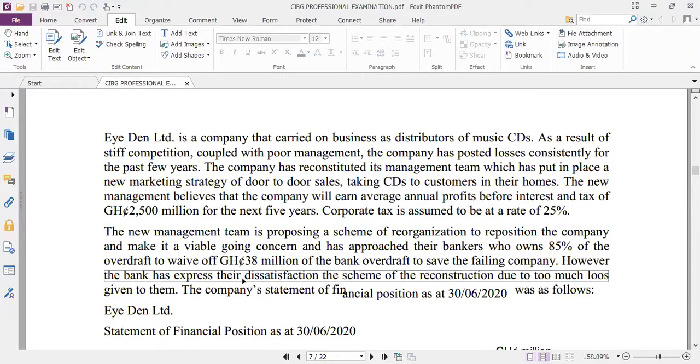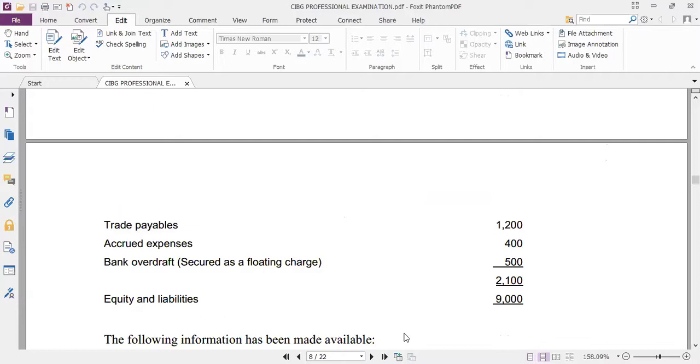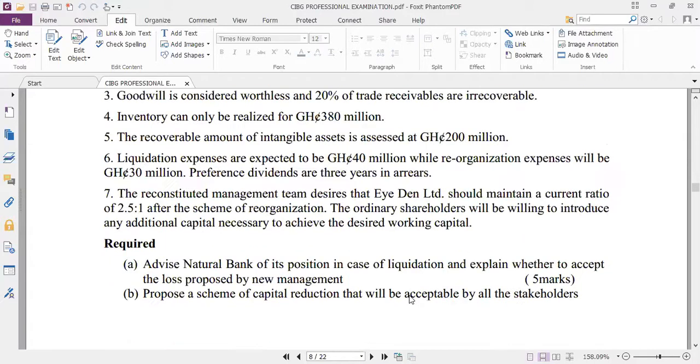However, the bank has expressed their dissatisfaction with the scheme of reconstruction due to too much loss given to them. So they are asking whether they should accept the loss the company is giving them. Explain whether to accept the loss proposed by the new management.